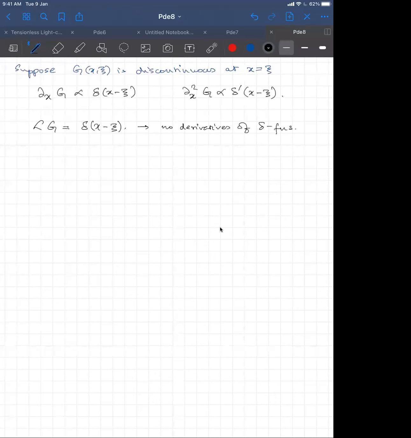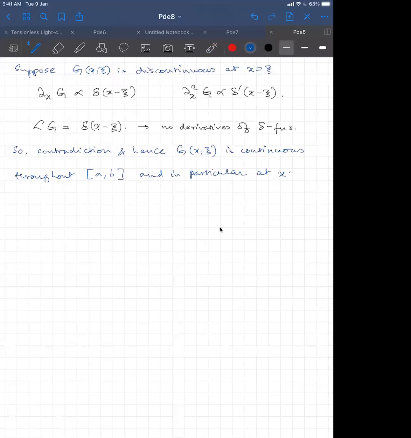If that is not the case, then what we see is that g of x, psi has to be continuous throughout a and b, and in particular, so a contradiction, and hence g of x, psi is continuous throughout a, b, and in particular at x equal to psi.